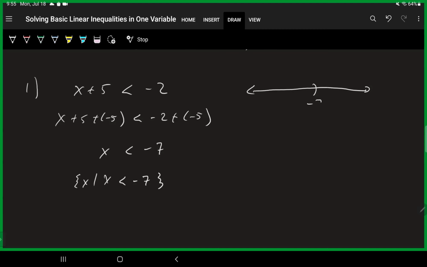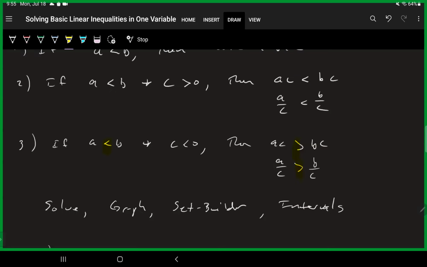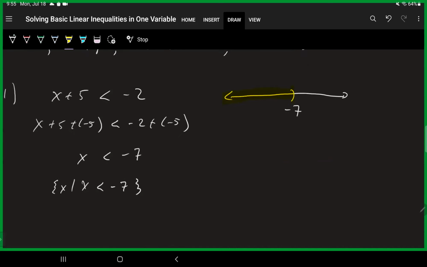And I'm going to shade the region to the left. So this tells me what my interval should look like. That's going off indefinitely to the left. So I'm going to get -infinity, and I'm going to go up to -7, but I'm not including it. And so I solved set builder, graph, interval.